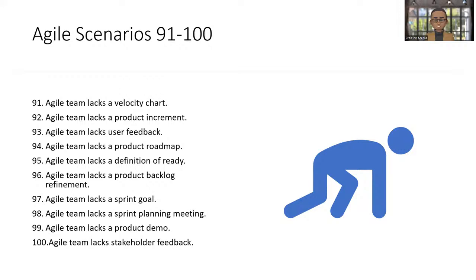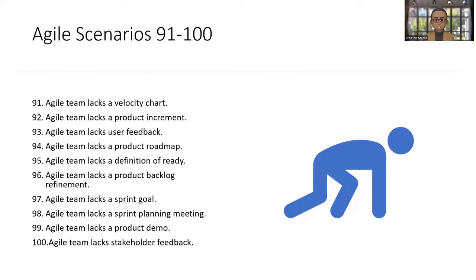PMBOK 7 is great with the principles in an agnostic view, but when it comes to process, it's not that great. However, focus on the exam is again not rote PMBOK 6 process. So while PMBOK 6 adds a lot of value, mindless cramming isn't going to help you.